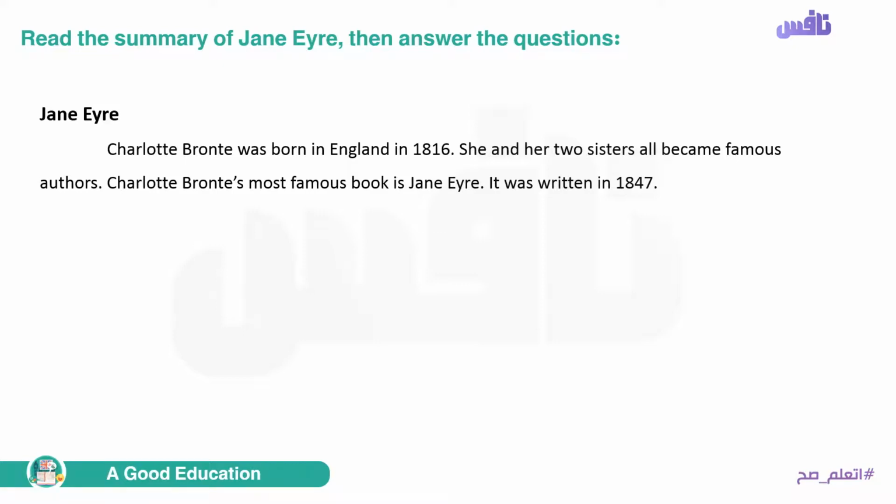Author, مؤلف. They became famous authors. مؤلفين مشهورين. Charlotte Brontë's most famous book is Jane Eyre. الكتاب المشهور للمؤلفة Charlotte كان Jane Eyre. It was written in 1847.